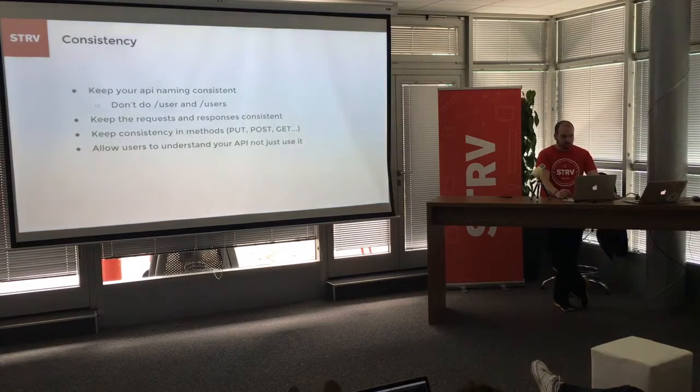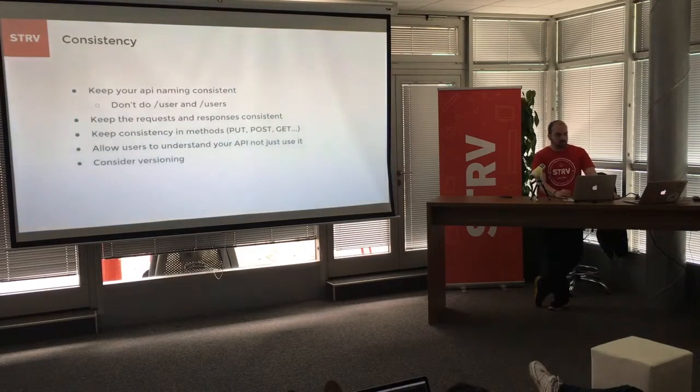And if your API is consistent, it will allow users to understand your API, not just use it. So once they understand it, they will be able to use it maybe without reading long documentation, because it will be, as I said, self-descriptive and consistent.